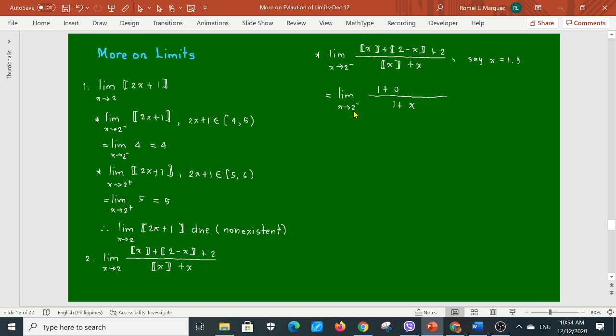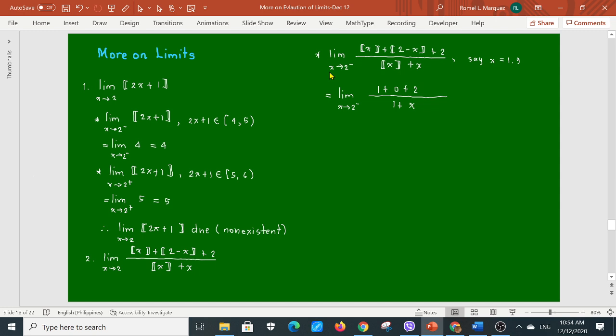If x is close to 2, between 1 and less than 2, the greatest integer of 2 minus x is always 0, no? Then plus, this is 2, no?